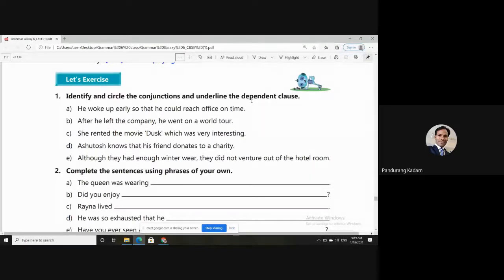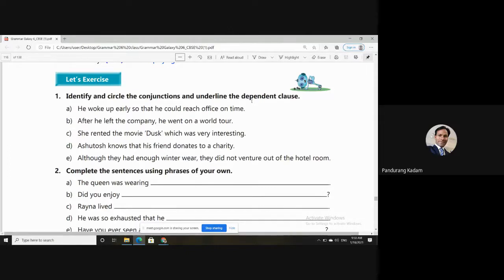We already have learned the lesson conjunctions. You know which are the conjunctions. And the piece with complete meaning is known as main clause, and incomplete meaning that depends on the main clause to complete the meaning is known as subordinate clause. So we want to find out subordinate or dependent clause.